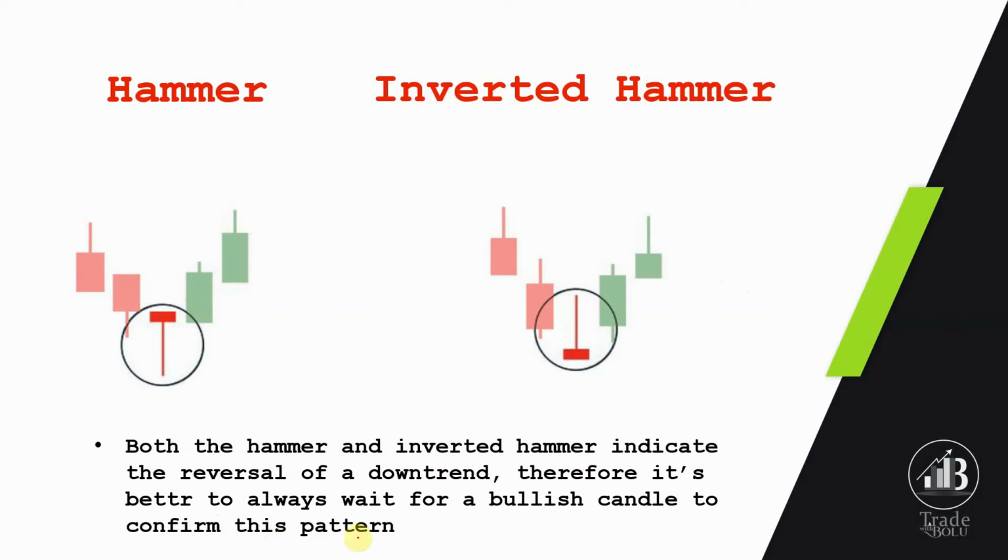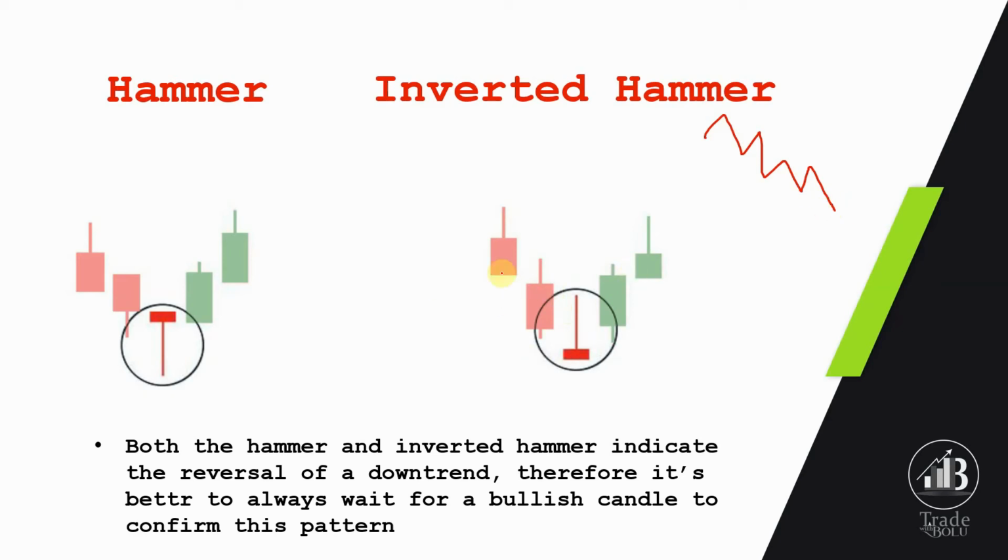Now let's say you have a downtrend coming all the way here. For this you have to zoom in, because they are candlesticks. You want to see the candlesticks themselves. Like I said, it's a kind of chart analysis, so very important, guys. So you have a downtrend coming up here, then you have your pattern.